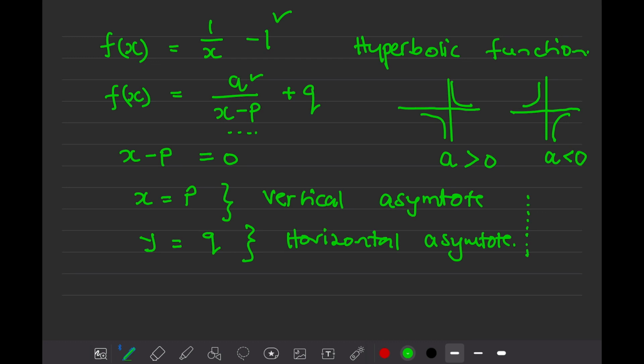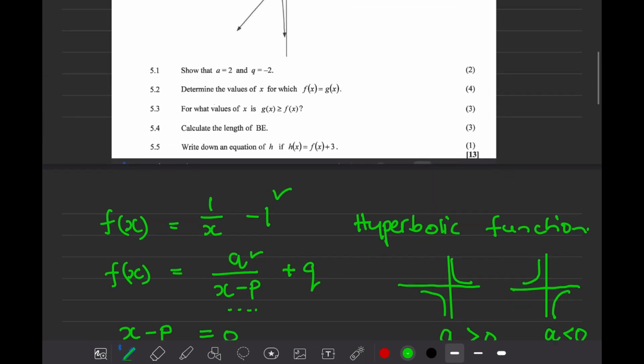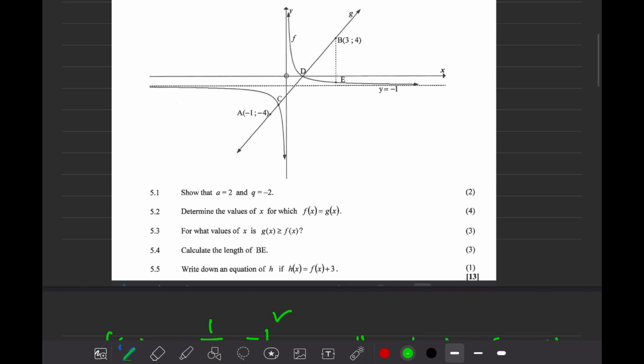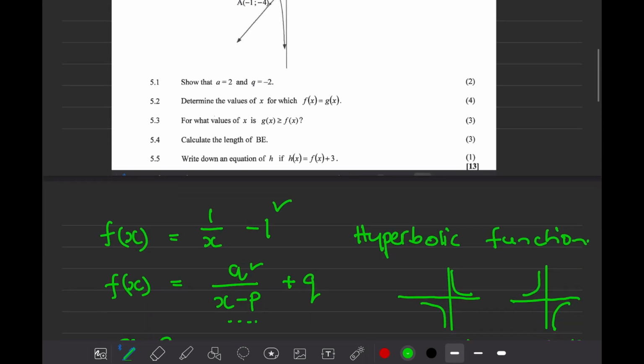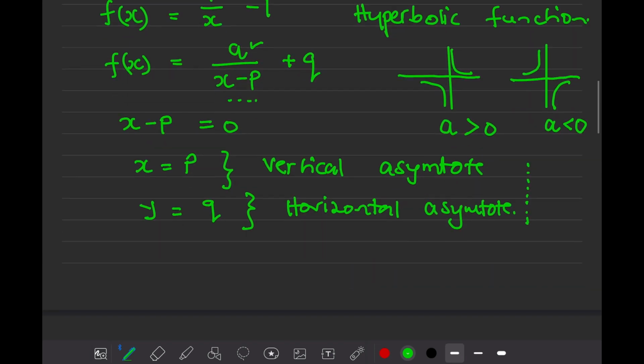First of all, your a is positive there, which is 1. So your function should be on the first quadrant and the third quadrant, as we can see from here, right? So now, what are the asymptotes of this function based on what we are given there? So let me just use another color for this.